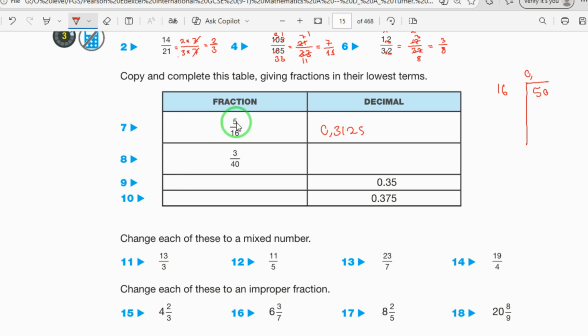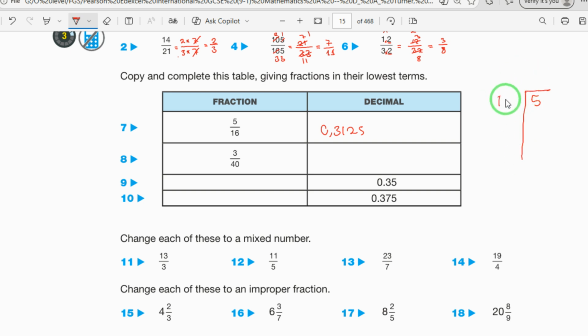Actually, we divide 5 over 16. Here we have 5 divided by 16.